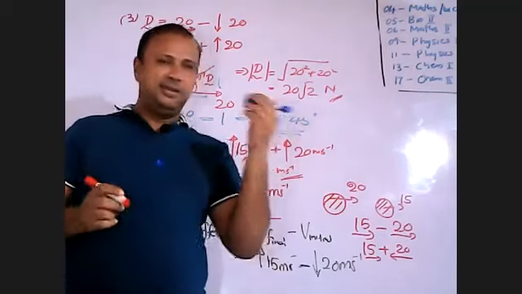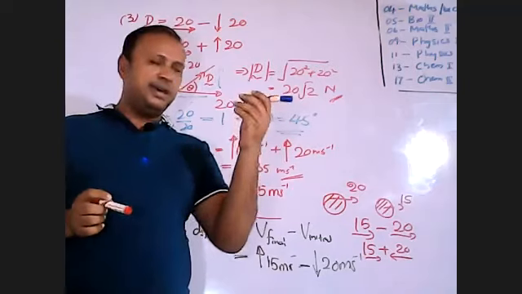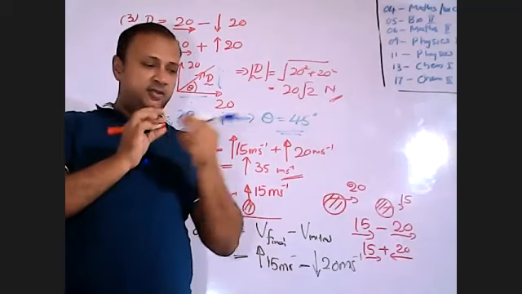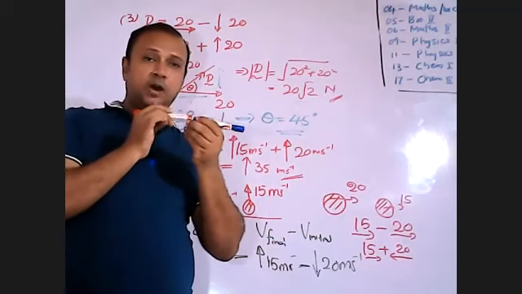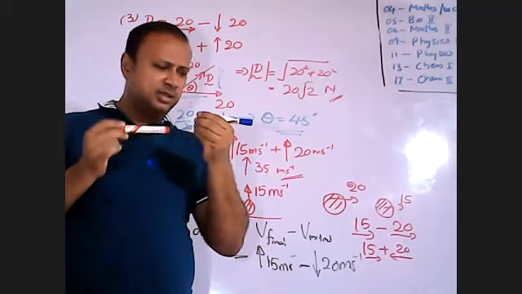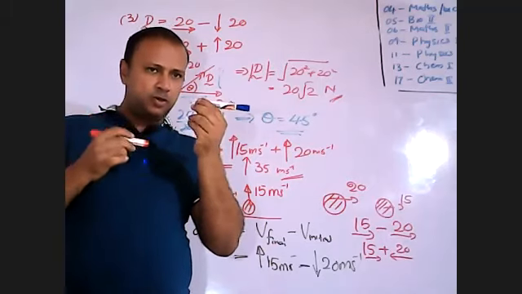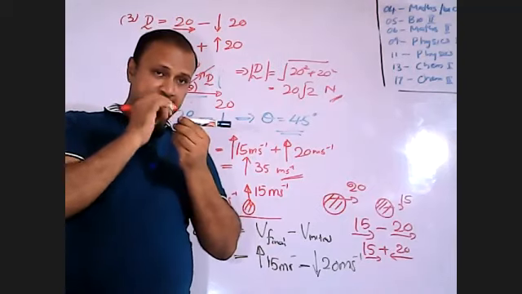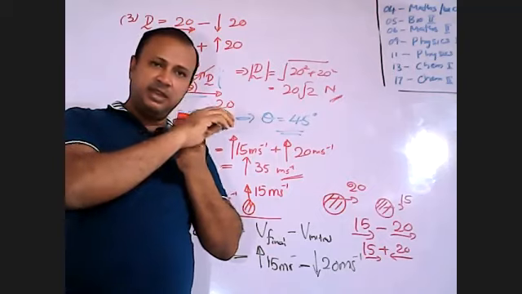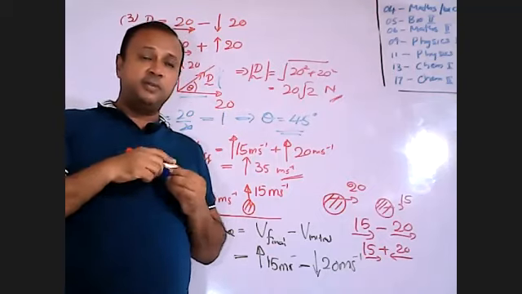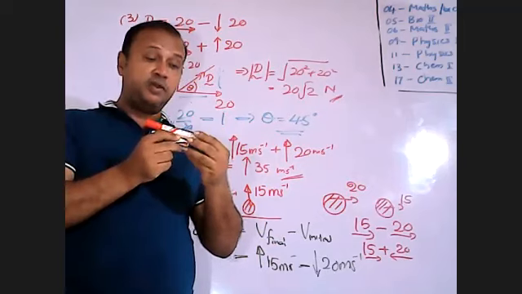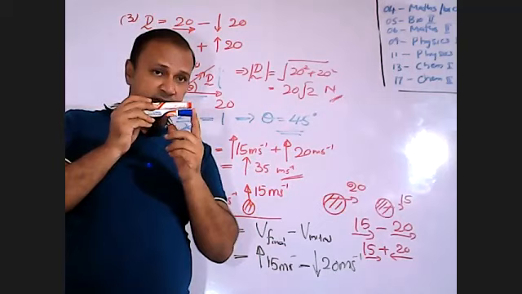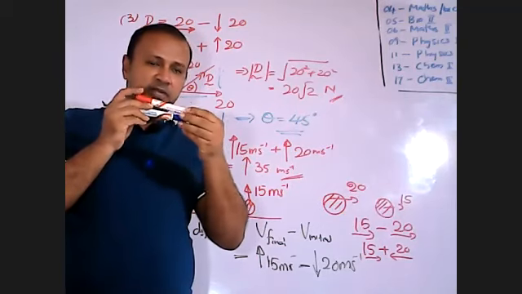How do we add? Suppose there are two vectors acting in opposite ways. First vector in this way, other vector in this way. How to add those two vectors? You have to coincide the terminal point or end point of the first vector with the starting point of the second vector.